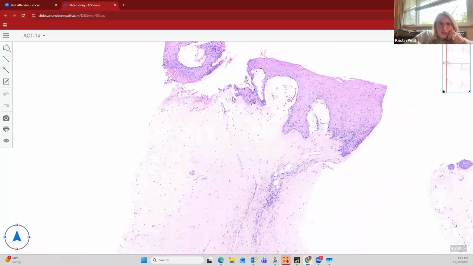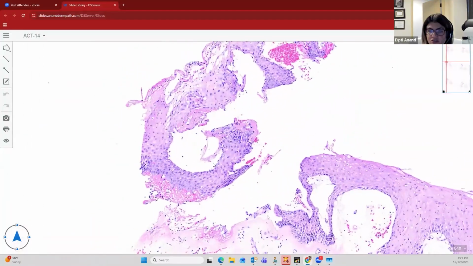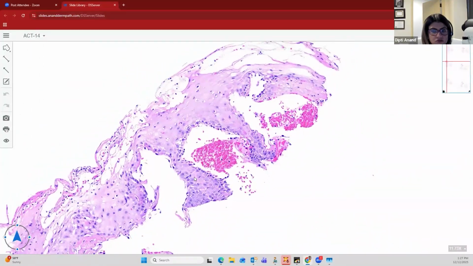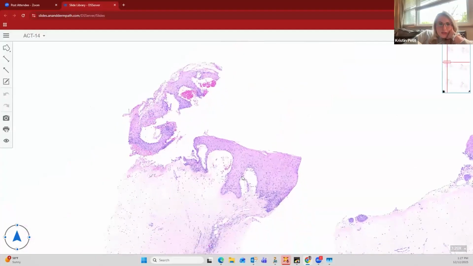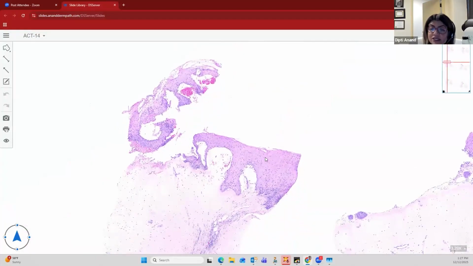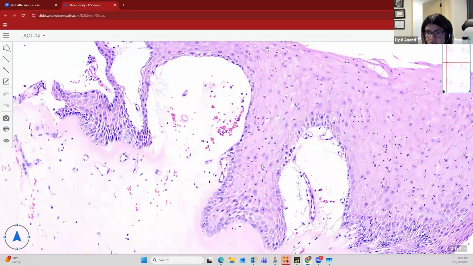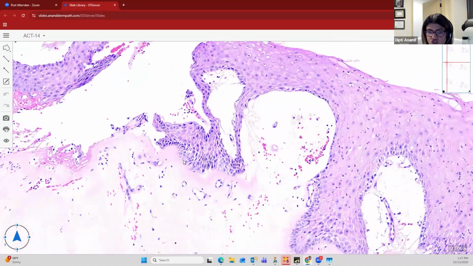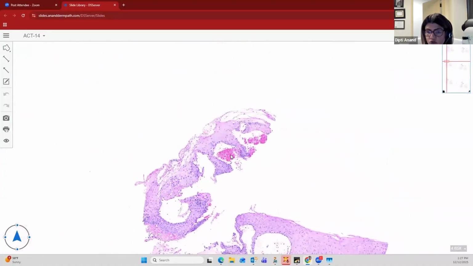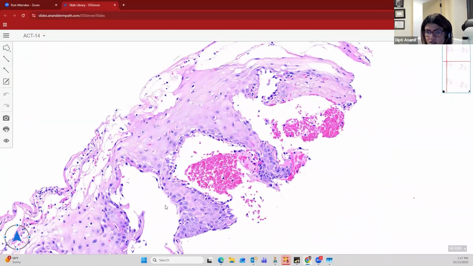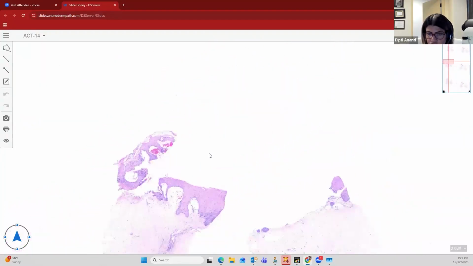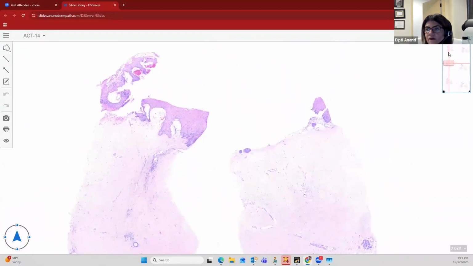Lichen sclerosus. But is it lichen sclerosus? No, it's radiation dermatitis. The epidermis is very variably hyperplastic, and you can see all these abnormal vessels, varying in size and shape, with some even intraluminal hemorrhage and thrombosis. So that is radiation dermatitis. Good.